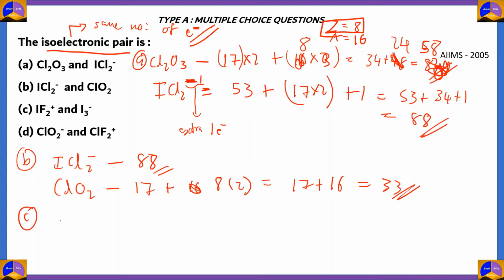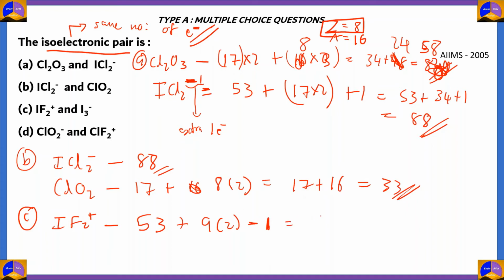Let's look at option C, IF2 plus and I3 minus. For IF2 plus, iodine is 53 plus fluorine, which has atomic number 9, and there are 2 of them, so 9 into 2. Since the whole species has a plus charge, it is losing 1 electron.